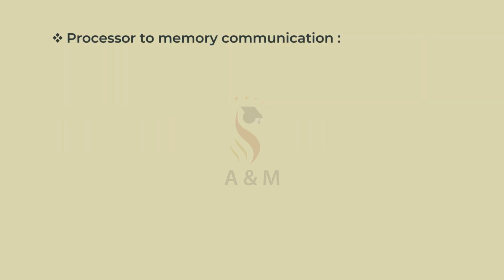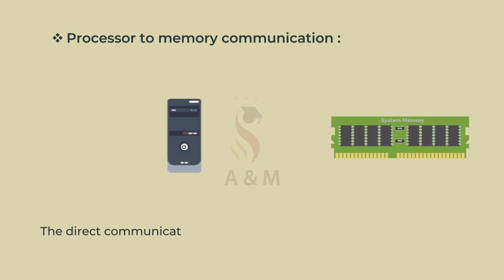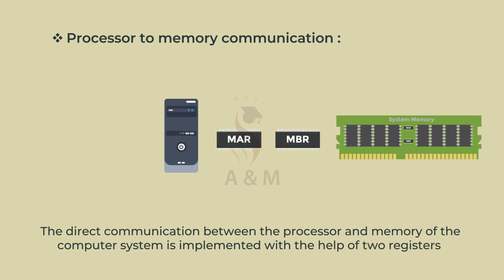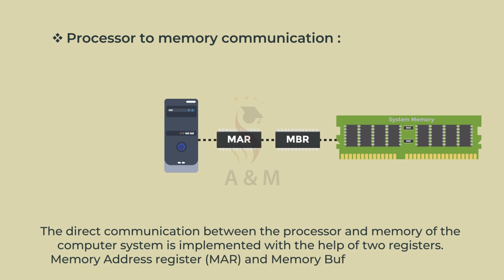First, let us discuss processor to memory communication. The direct communication between the processor and memory of the computer system is implemented with the help of two registers: Memory Address Register, that is MAR, and Memory Buffer Register, that is MBR.